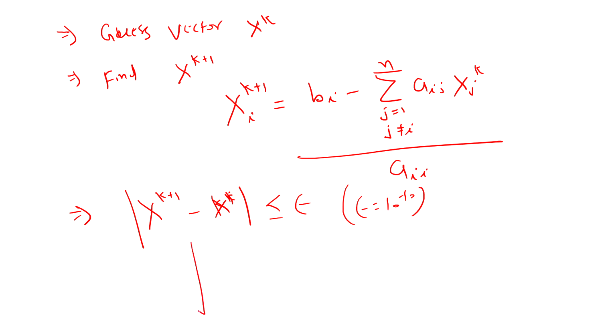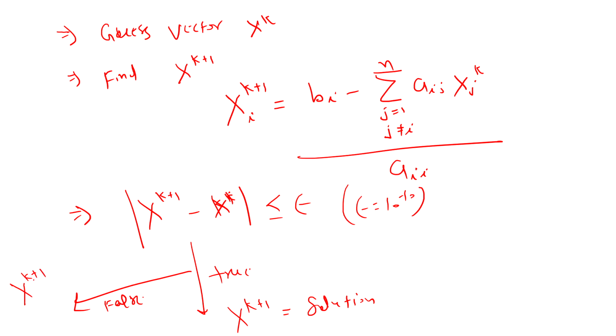If it is true, then x^(k+1) is the final solution, and if it is false, then x^k becomes x^(k+1), and we go back to the earlier step.